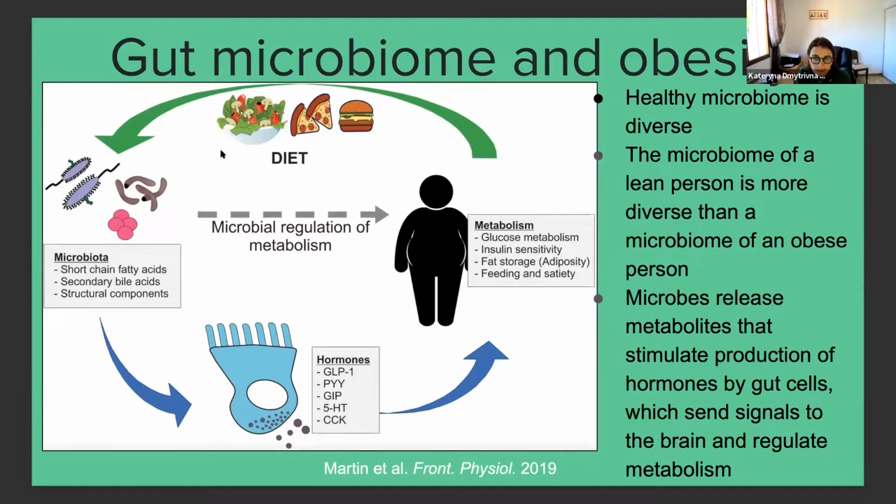But then the microbes release the metabolites that stimulate the production of hormones by the gut. And these hormones then send the signals to the brain and to other organs to regulate the metabolism. So this is how the gut microbiome is thought to regulate obesity.